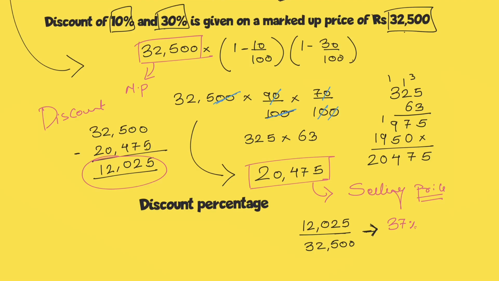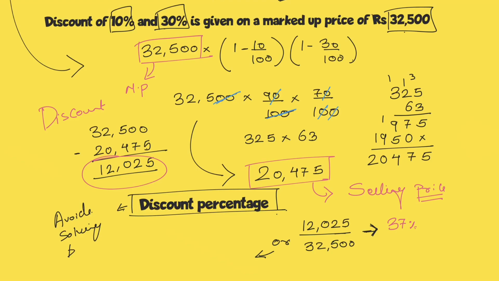I would have easily used the percentage method to find the discount percentage. So in case they ask you percentage discount, then don't use the formula method, because it will be complicated. If they ask you only the discount percentage, then use your percentage method, which we did earlier.